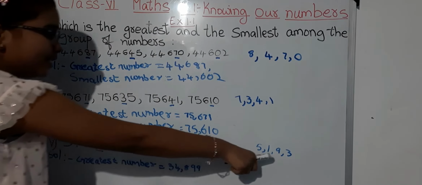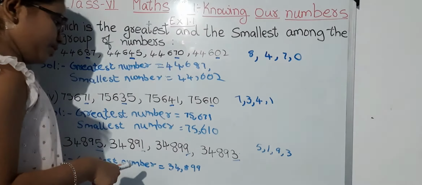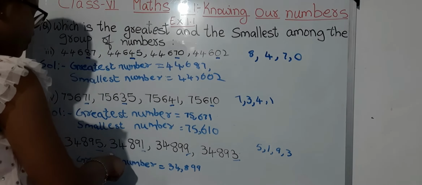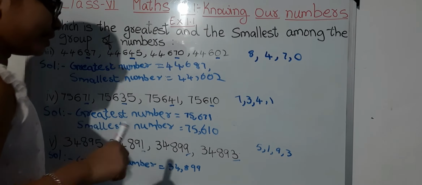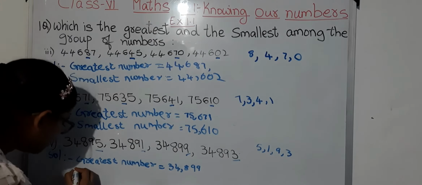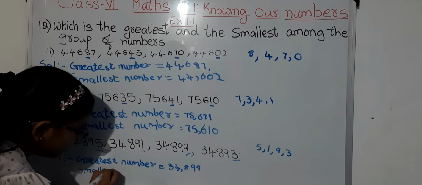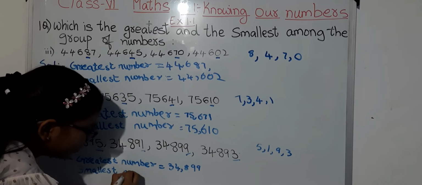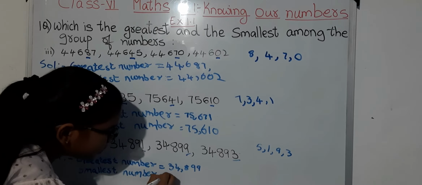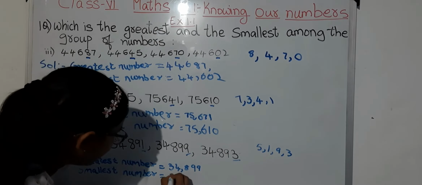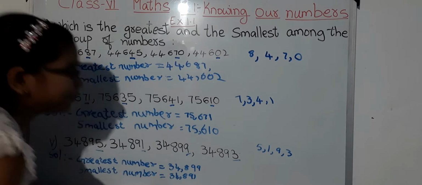Now in this, which is the smallest number? 1 is the smallest number. So 34,891 is the smallest number. Smallest number is 34,891.